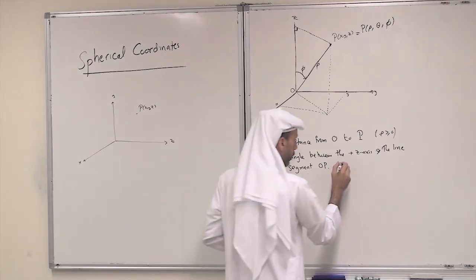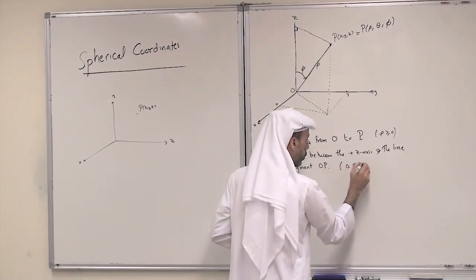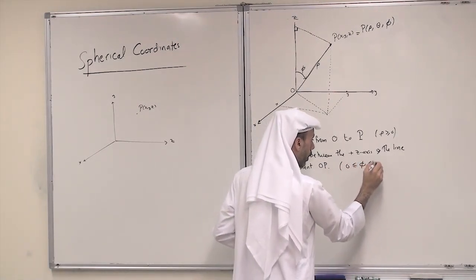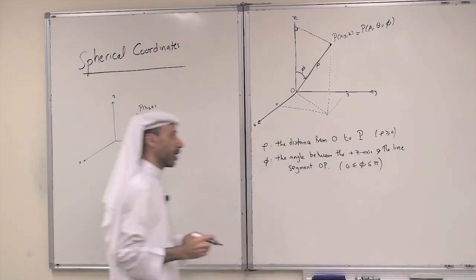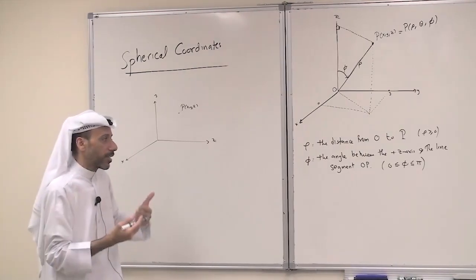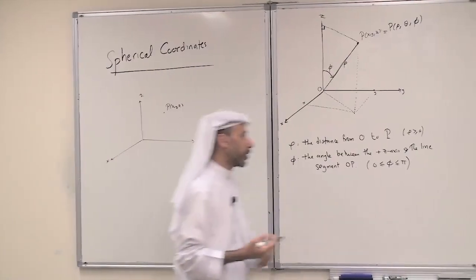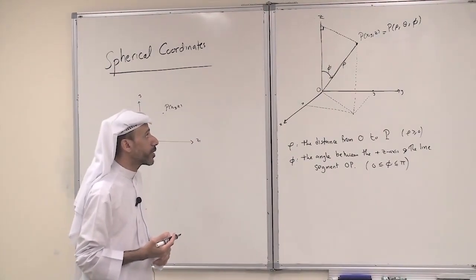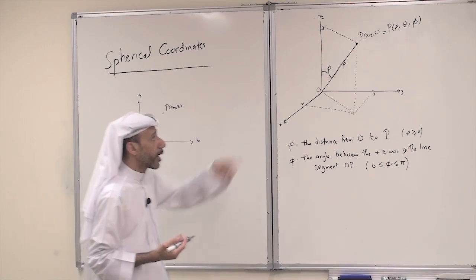The restriction of phi is the following: it is between 0 and pi. This will be clarified further very soon. So this is the angle phi, the last number.